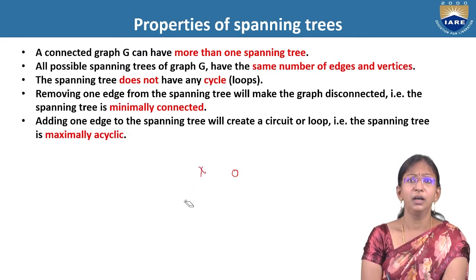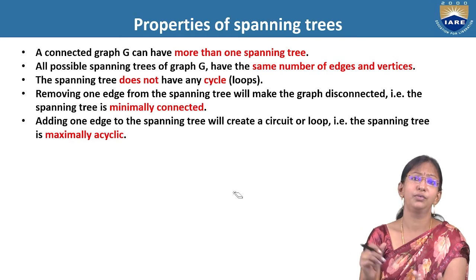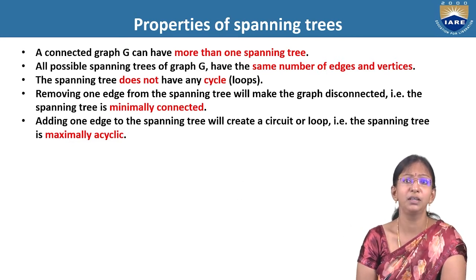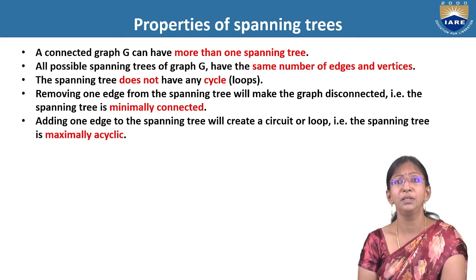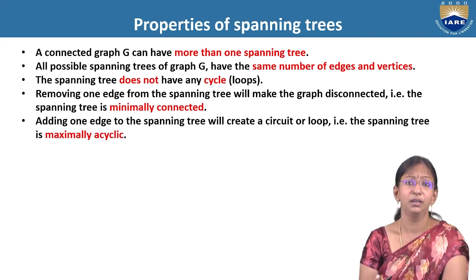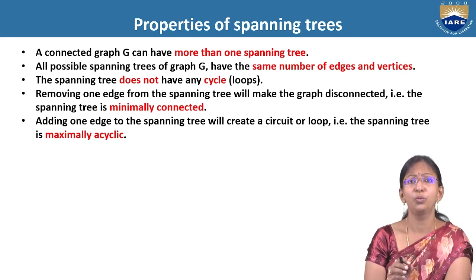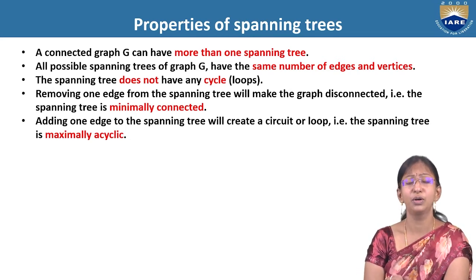Removing an edge from this spanning tree will make it disconnected, right? So it should be minimally connected, right? The last thing: adding at least one edge to a spanning tree will make a circuit or a loop, right?